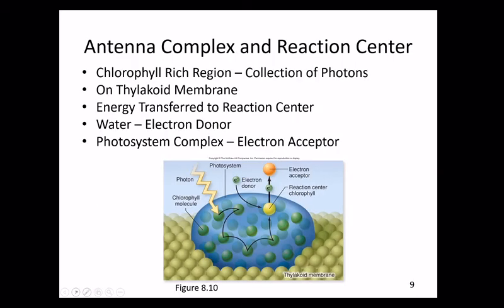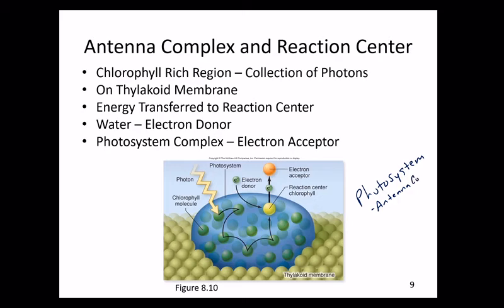What happens to the light energy? Well, as I've already mentioned, we're talking about the photosystems, okay? And this is a look at a photosystem that is complete. And we're going to tell you right now that the photosystem is made up of two different parts, okay? The outer portion is made up of the antenna complex.